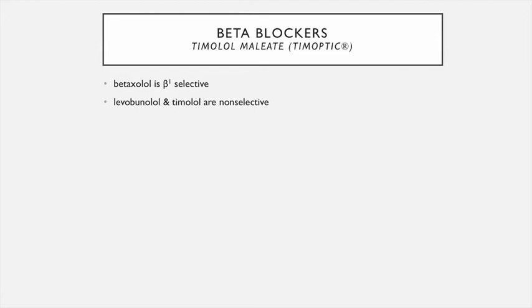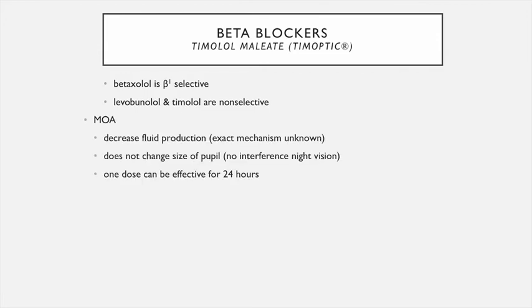These drugs decrease the production of aqueous humor, and they don't have a whole lot of side effects because they are given topically. So we don't have to think too much about our beta-blocking side effects. You can see there's beta 1 selective agents, and then there's some that are non-selective, beta 1 and beta 2. But again, you're giving them topically, so that's not that big of a deal.